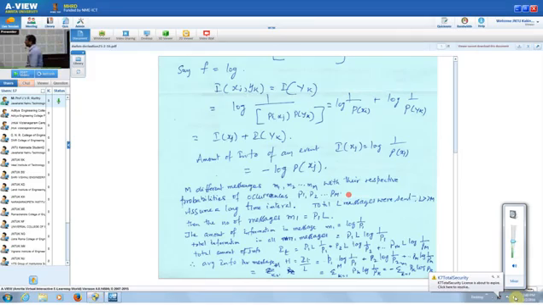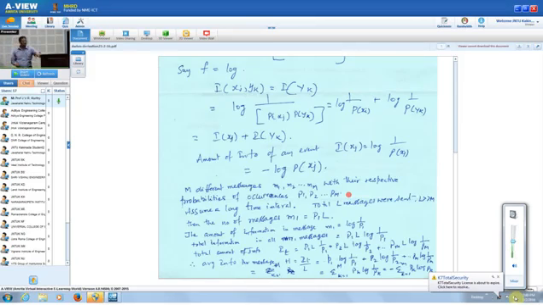What is the probability of this transmission? Probability P1. If you multiply that with L, that gives the number of times the message M1 can be transmitted.